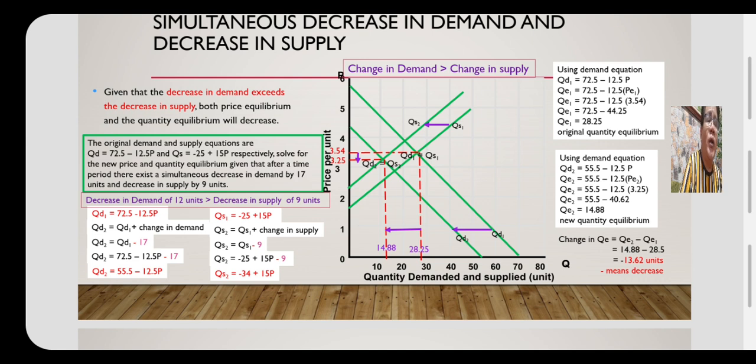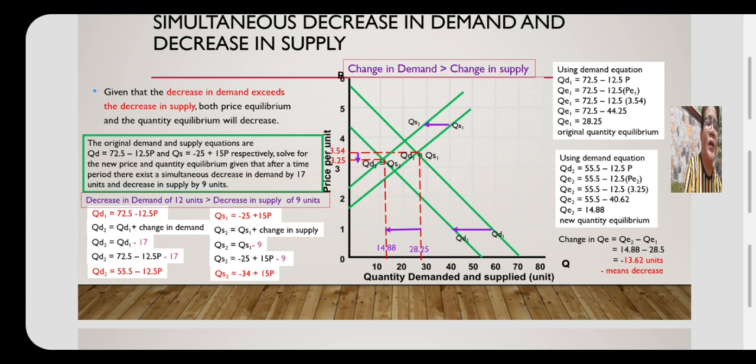The change in quantity equilibrium is QE2 minus QE1. So we now have 14.88, the value of the new quantity equilibrium, minus 28.5, the value of the original quantity equilibrium. It gives us a difference of negative 13.62 units.